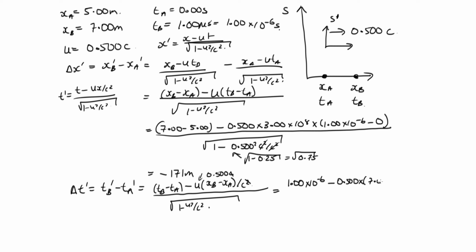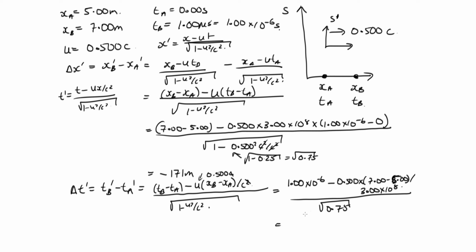So that's 7 minus 5. And then divided by c, which is 3 times 10 to the 8, all over the square root of 1 minus u squared on c squared, which we said up here was 0.75, the square root of 0.75.